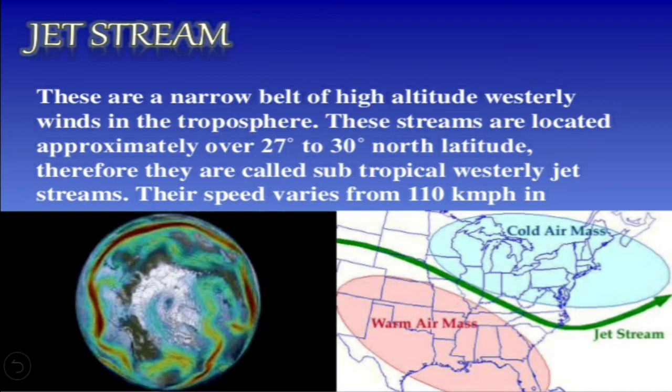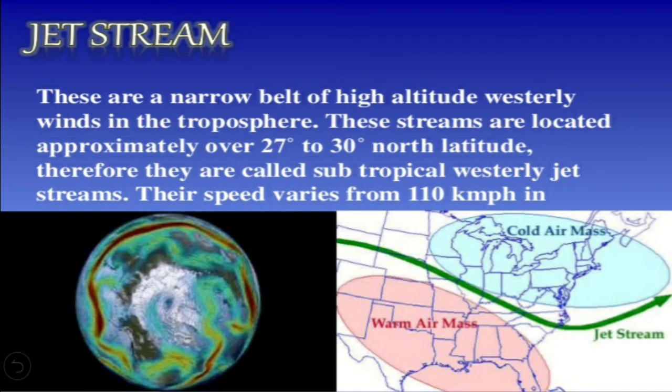So what are jet streams, children? They are a narrow belt of high altitude westerly winds. They are the westerly winds which blow in the troposphere. Children, till now you are very much familiar with the different spheres in the atmosphere.